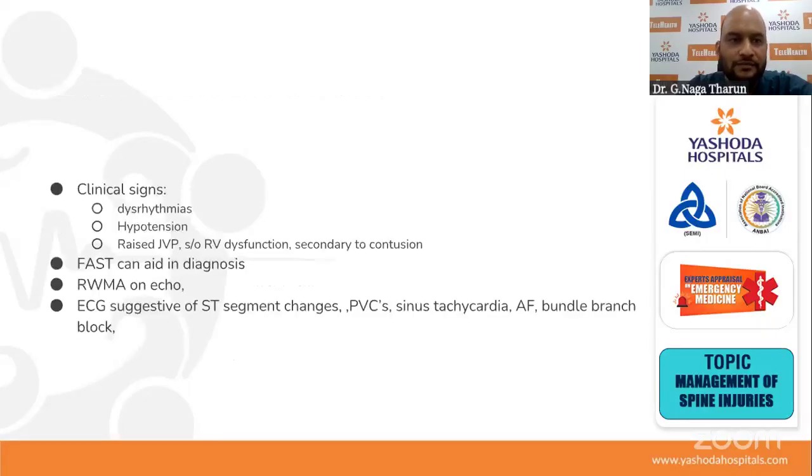Clinical signs are dysrhythmia, hypotension, and raised JVP, suggesting RV dysfunction secondary to the contusion. EFAST can be helpful in diagnosis, and there will be regional wall motion abnormality on echocardiogram. ECG may show ST changes, PVCs, sinus tachycardia, atrial fibrillation, and bundle branch block in some patients.